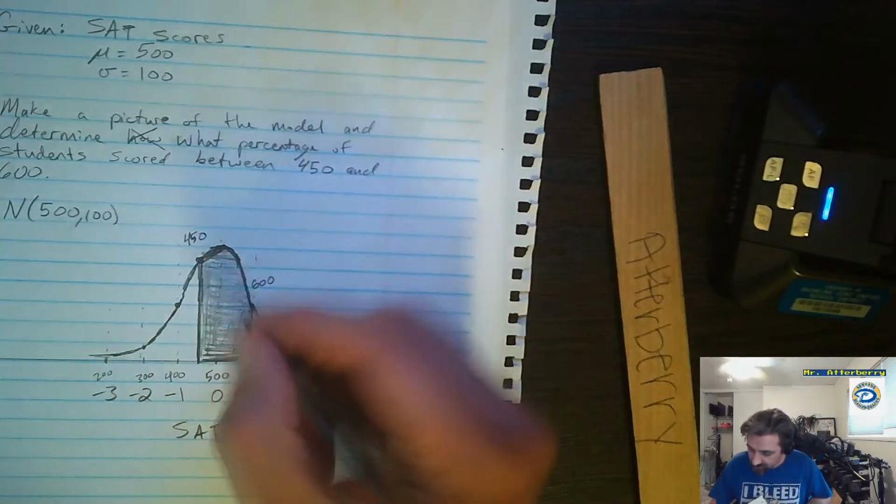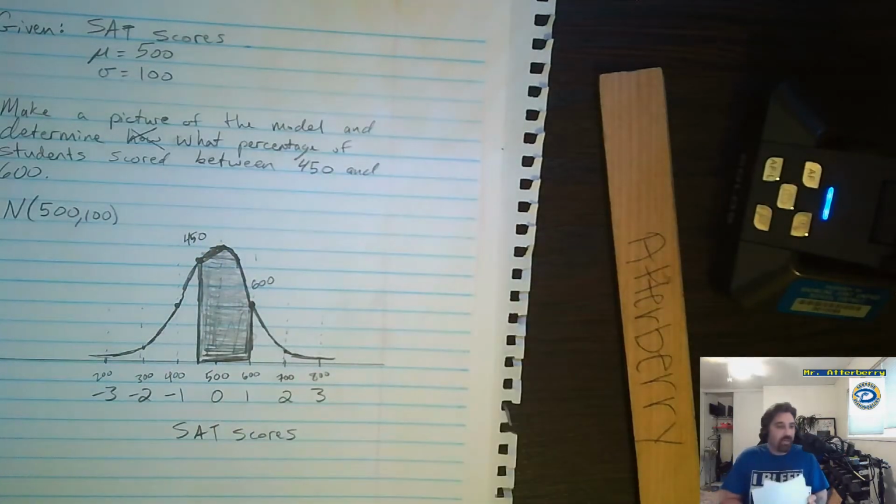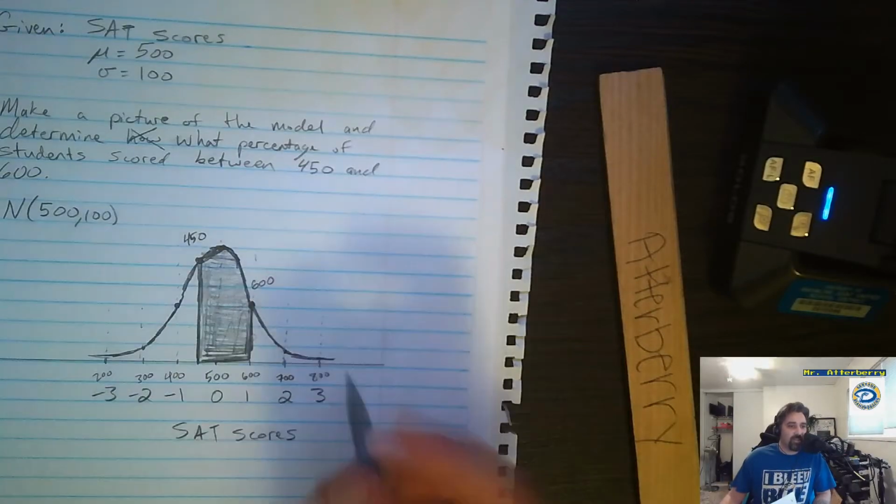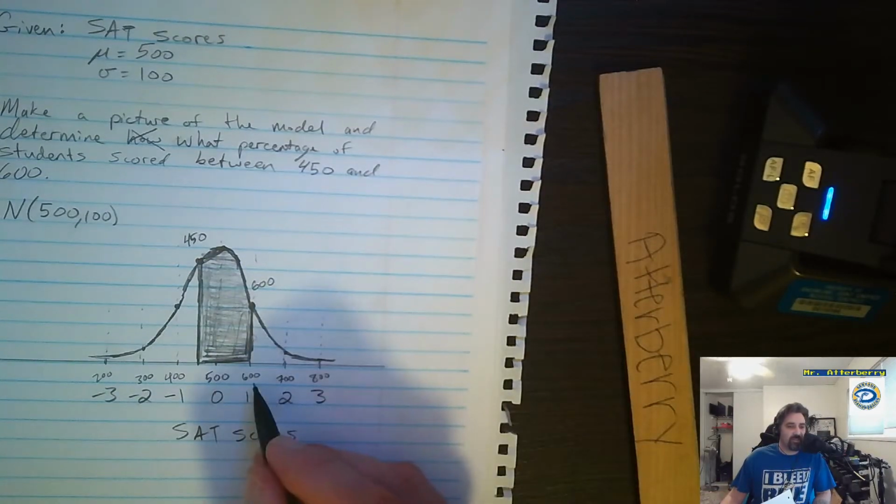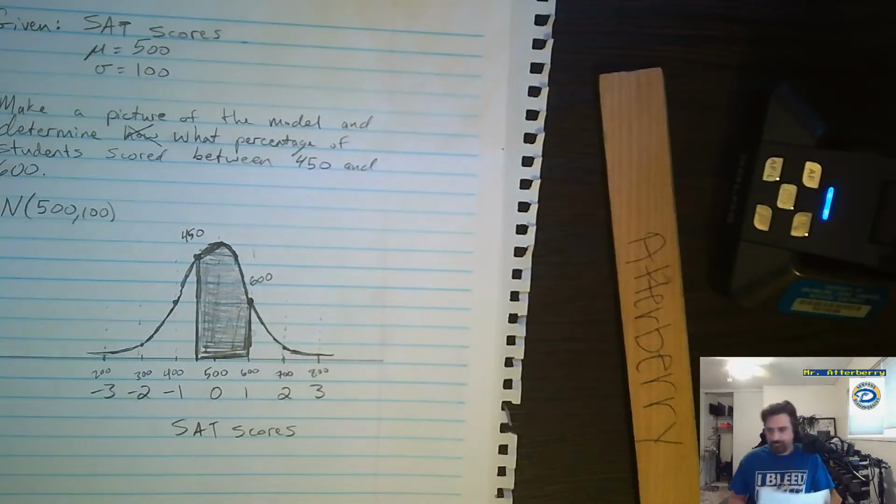I'm going to go ahead and find the z-score of where 450 is. I know this is 1.